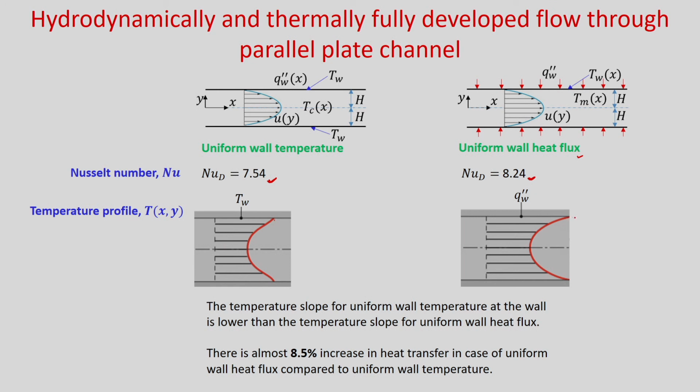So, if you see the temperature profile here, this slope is higher than this temperature profile, hence your Nusselt number is higher in case of uniform wall heat flux compared to uniform wall temperature, and there is almost 8.5% increase in heat transfer in case of uniform wall heat flux compared to uniform wall temperature.